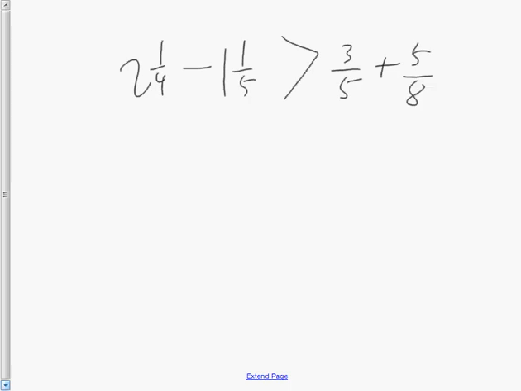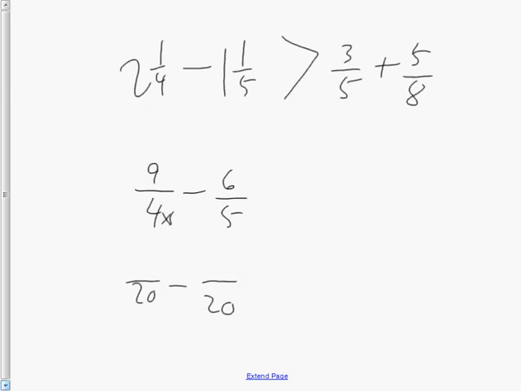Question 4, a little bit more complicated. It says 2 1/4 take away 1 1/5 is greater than 3/5 plus 5/8. So we're going to have to add both of these now, and then subtract the other side. When you subtract mixed numbers, remember the easiest thing to do is change them to improper fractions. Find your common denominator.